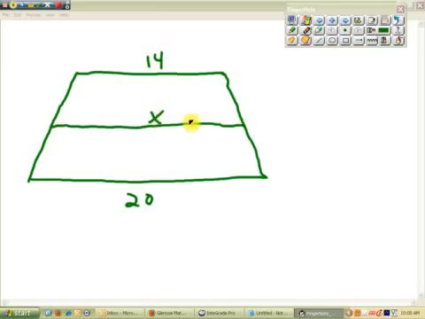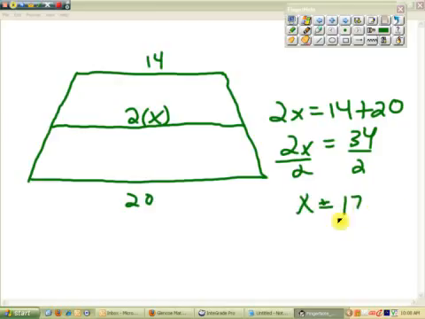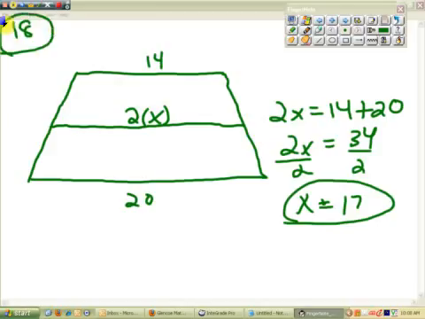And if this is what we're looking for, x, the middle line, we always multiply it by 2. So our formula is 2x equals 14 plus 20. Now you add the two together, and then you divide by 2. So x is 17.